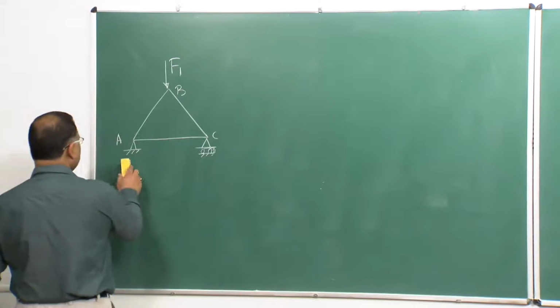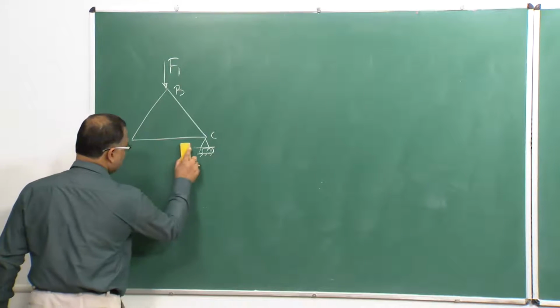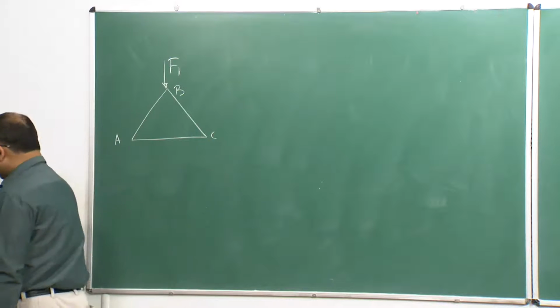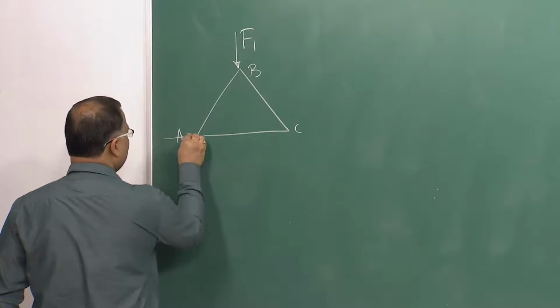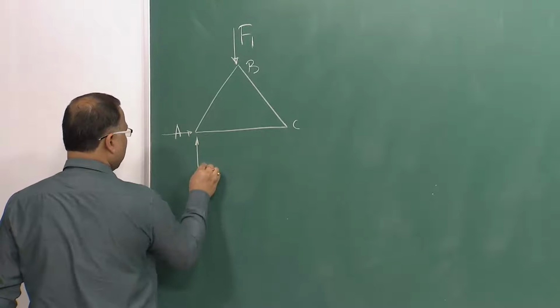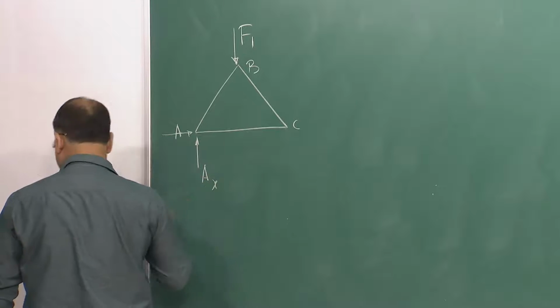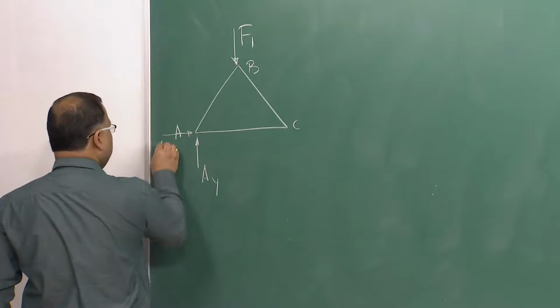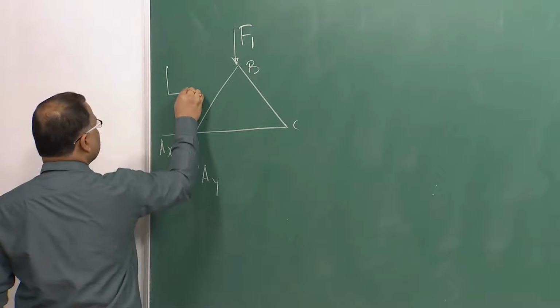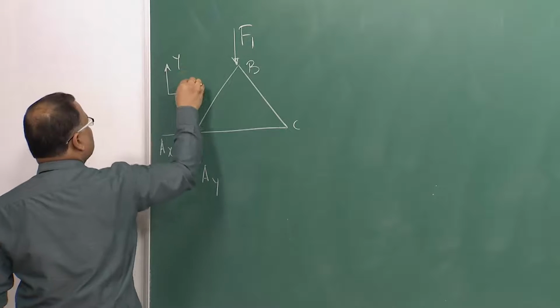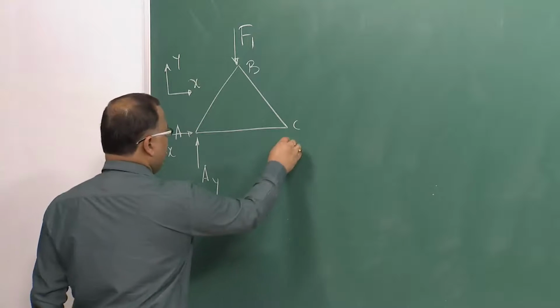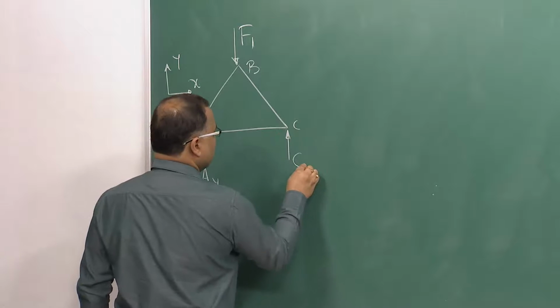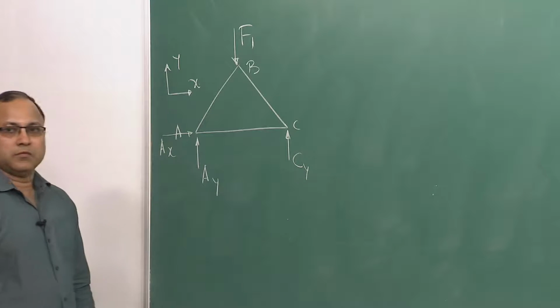Now, if you want to draw the free body diagram, just remove the supports. So, you will get Ax, Ay if it is your XY plane, and you will get Cy.